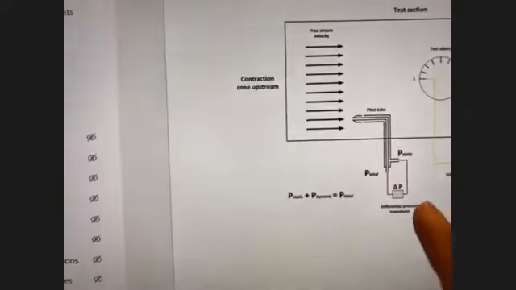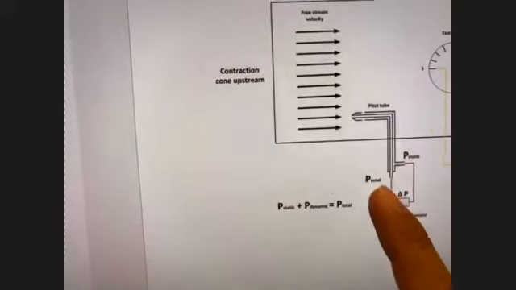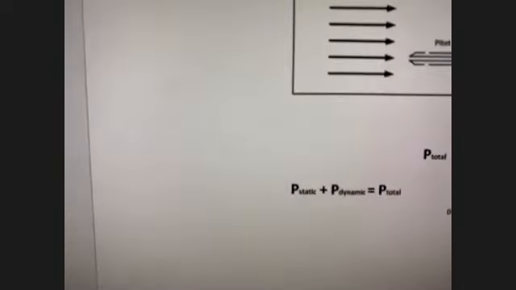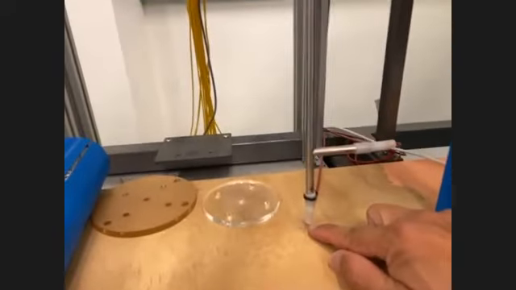In the pitot tube, we have 2 signals: one is static pressure and one is total pressure. And we have a differential pressure transducer here, with one side static pressure and the other side total pressure.